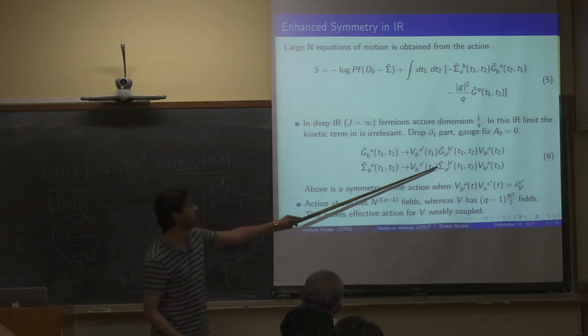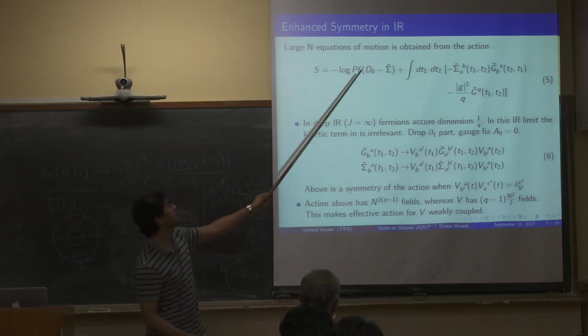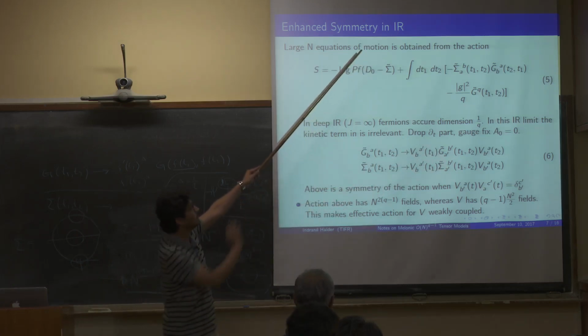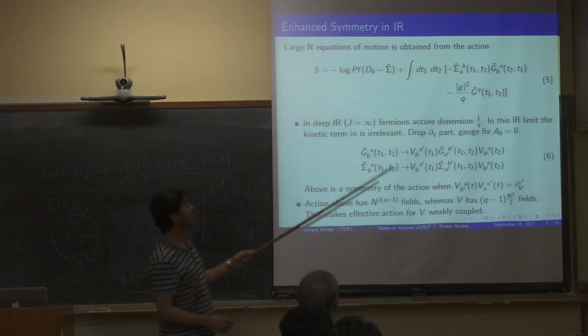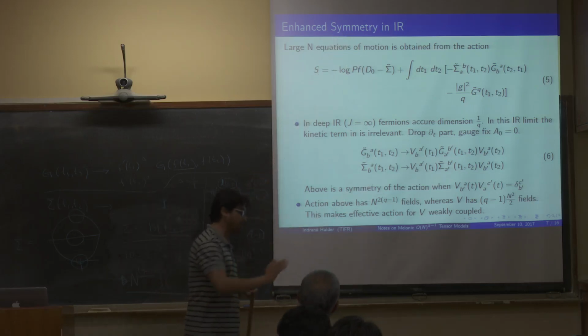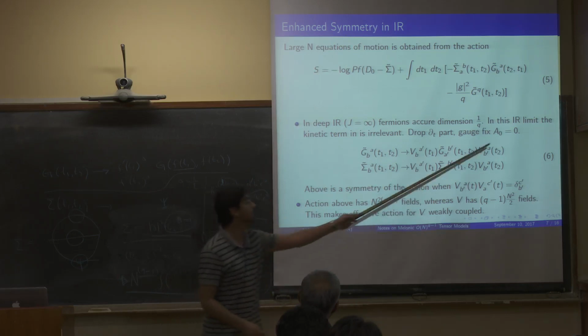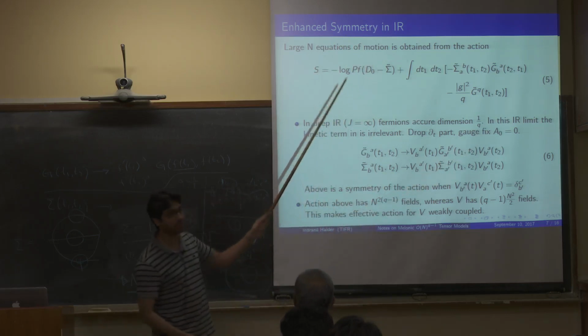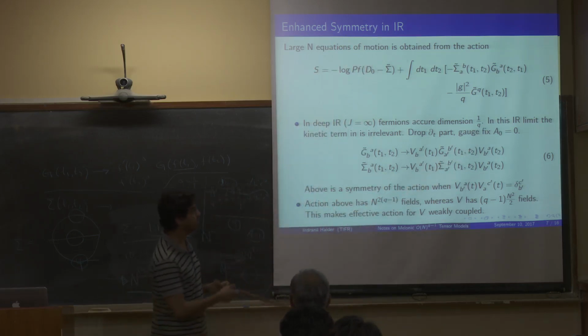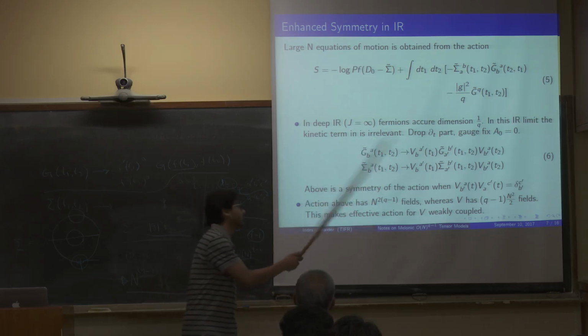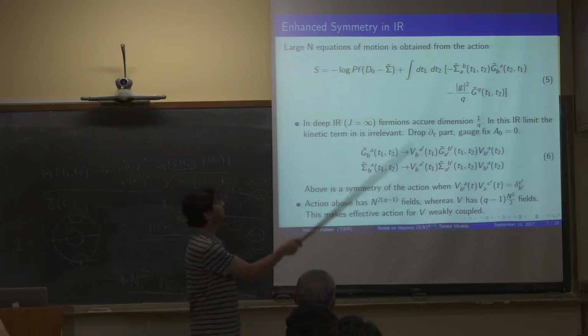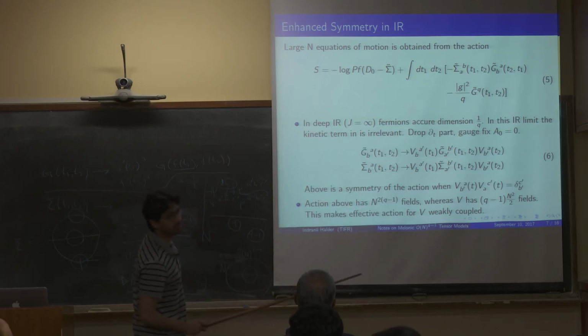If you make these time dependent rotations, then because this term is not there, the action is invariant. But this is not a gauge transformation because we are not changing the gauge, because the gauge field does not even enter when you have dropped the kinetic term. So these are not gauge transformations, these are some different time dependent rotations, which are symmetries of this action.